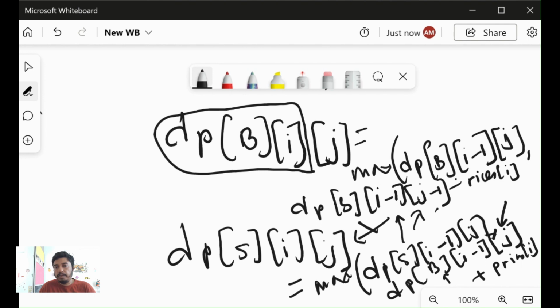Earlier, when doing a buy activity after a sell activity, the buy activity becomes a new transaction, that's why we consider j minus 1. But here, the buy activity is part of the j transaction only, so we have j and not j minus 1.